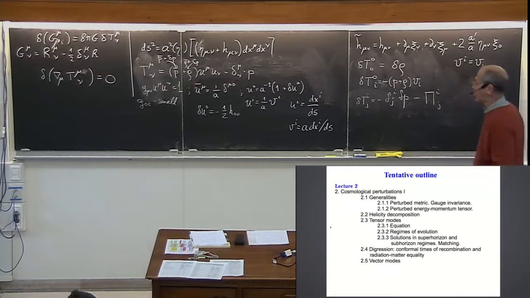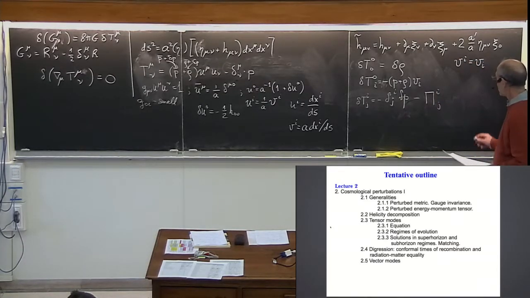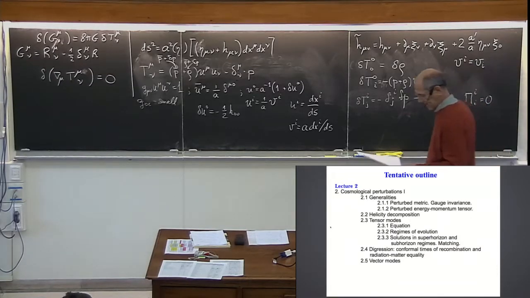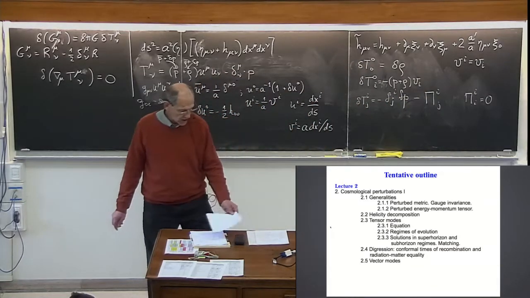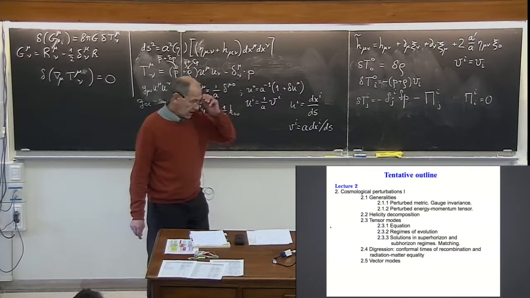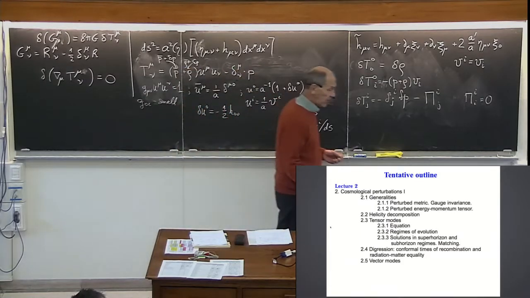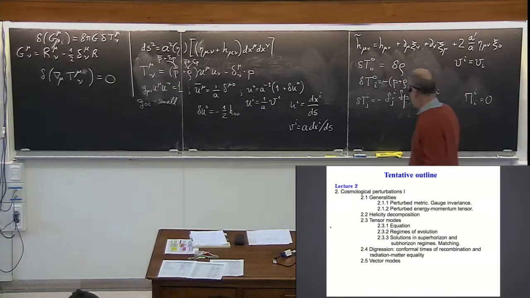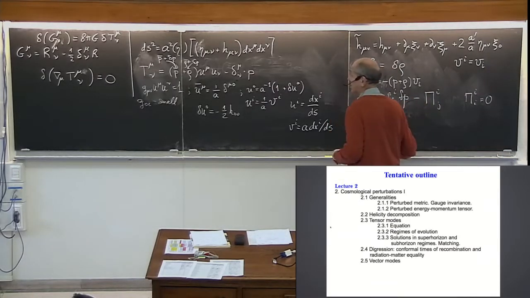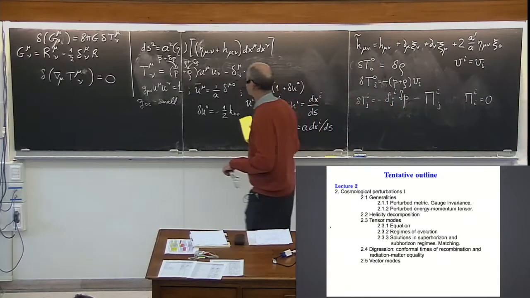This is called anisotropic stress, and by definition its trace is 0, Pi_ii equals 0. So this is a traceless tensor, which characterizes how different your fluid is from ideal. Okay, so that's more or less it.